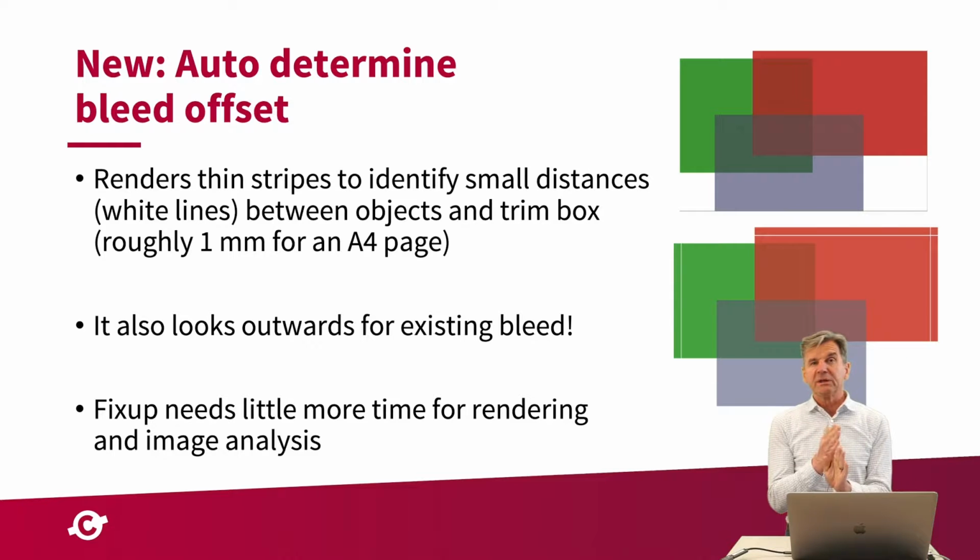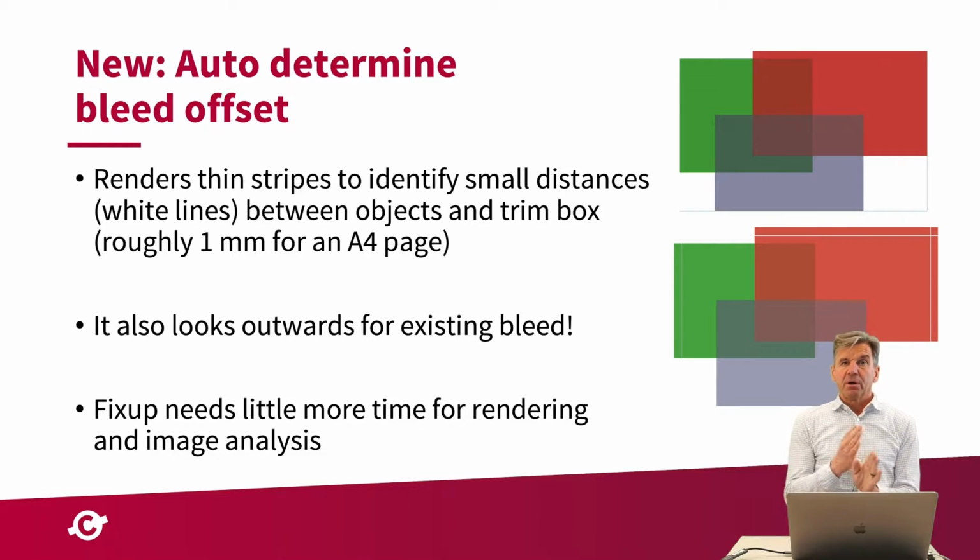Yeah, it will only do so for a part, of course, so it wouldn't go 5 centimeters inwards. It will only go roughly 1 millimeter for an A4 page. The distance actually depends on the dimensions of the page.